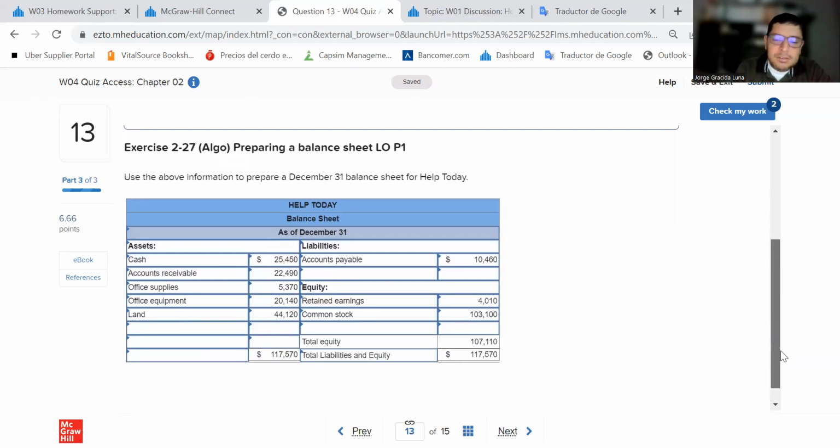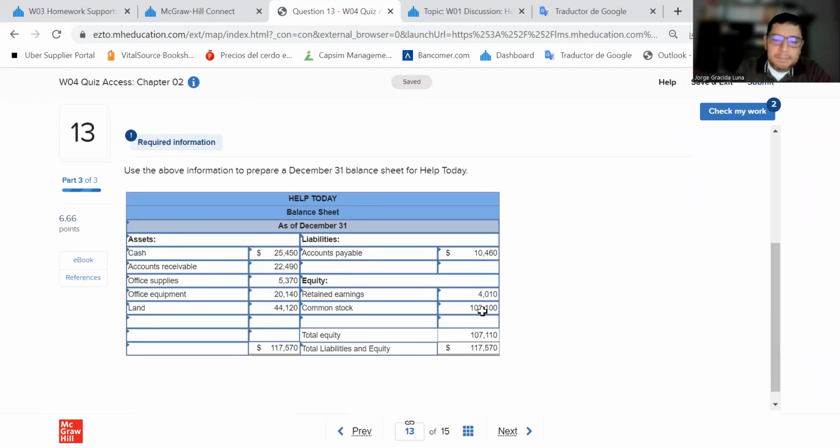Okay, so just put it here, and finally we have total equity, 107,110. Total liabilities, in this case, is this number plus this number, and we have this number. And this number, the total liabilities and equity, is the same as this number, the total assets.